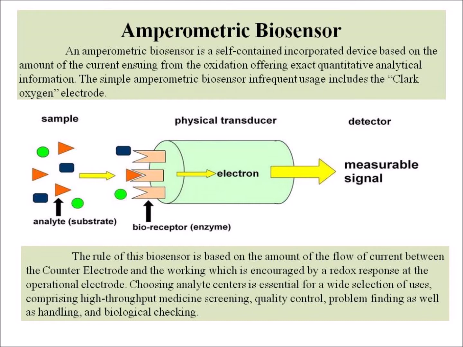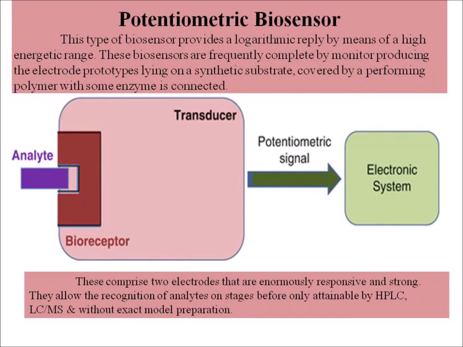The principle of this biosensor is based on the amount of the flow of current between the counter electrode and the working electrode, which is encouraged by a redox response at the operational electrode. Choosing analyte centers is essential for a wide selection of uses, comprising high throughput drug screening, quality control, problem finding as well as handling and biological checking.